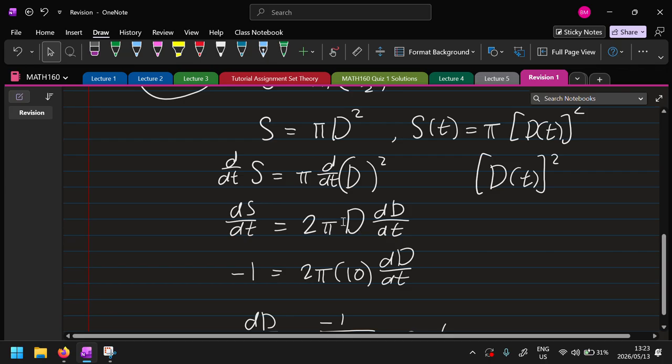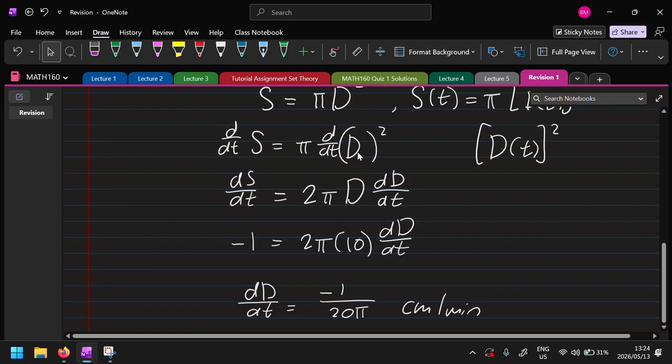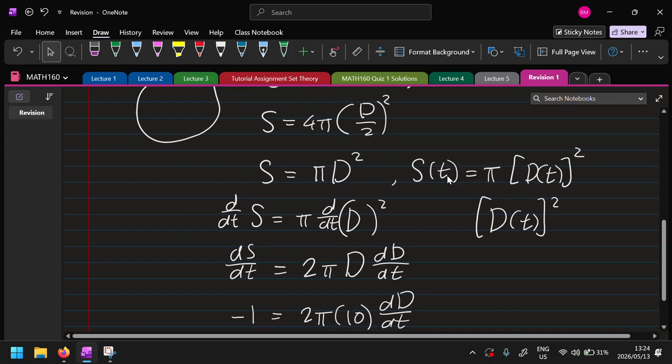We did that over here. And then the derivative of the inside is dD by dt. It's just chain rule. Okay. If you do want to write it explicitly like this, that's perfectly fine. But it's not needed. You just want to write it like this, that's fine. Maybe it's safer if you write it like this. Okay. Any other questions?